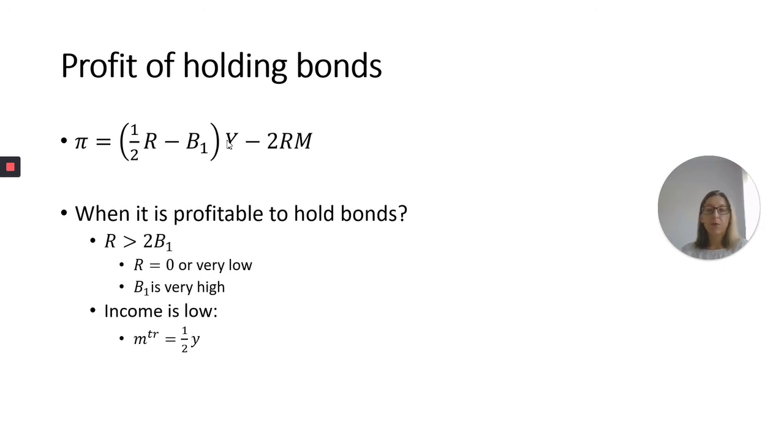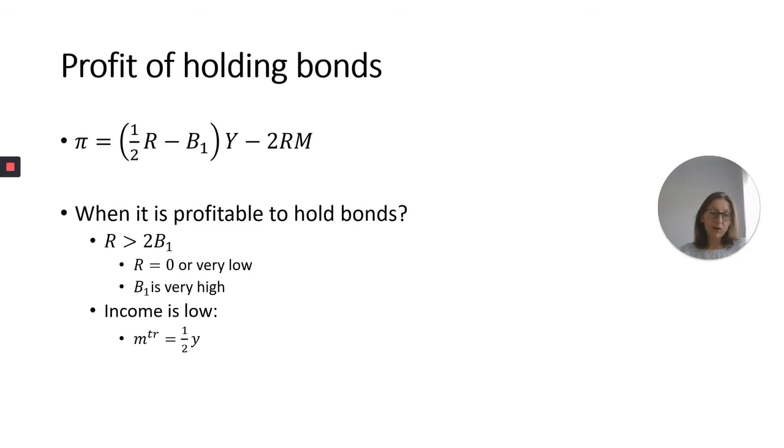So when income is very low, it doesn't seem profitable for people to hold bonds, and so they simply hold everything in cash. And in the case of low income, we observe the transactions demand for money being higher.